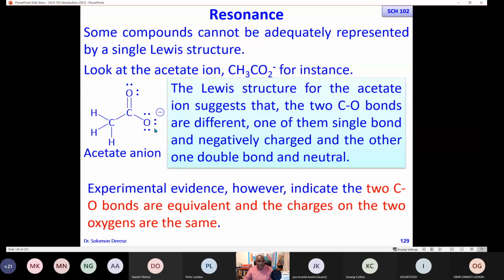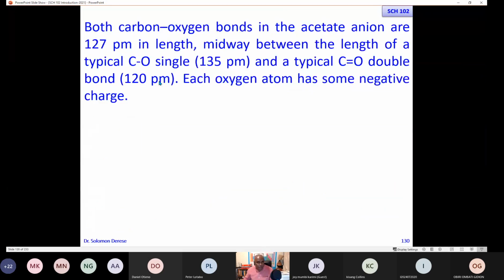In fact, experimentally, it has been determined that both carbon-oxygen bonds in the acetate ion have a length of 127 picometers, 127 times 10 to the power of minus 12 meters in length.